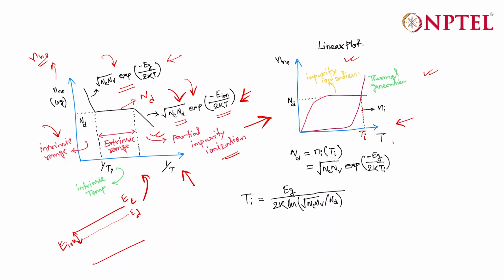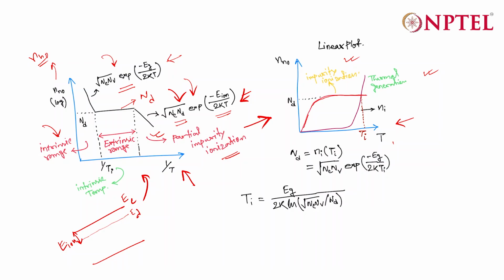So for impurity ionization at low temperature, you will find that the concentration will keep on increasing, and after a certain value, it will saturate because all your donor atoms will be ionized. So after a certain temperature, your concentration of carrier will be constant in case of impurity ionization.